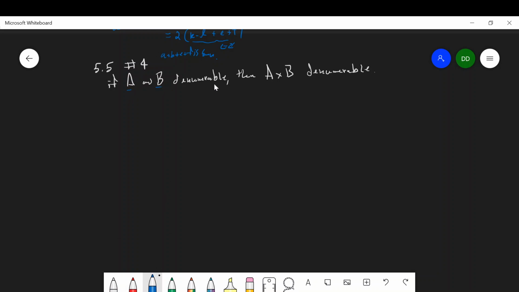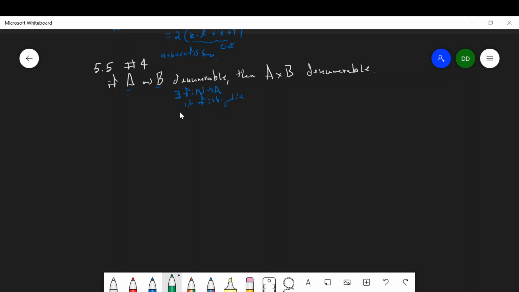If A and B are denumerable, remember denumerable means that there exists f from the natural numbers to A, such that f is bijective. So we have a bijective function from the natural numbers to A, and also a bijective function from the natural numbers to B. Since it goes both ways, we could say there's a bijection between A and B, but I'd rather focus on this idea of sequences.